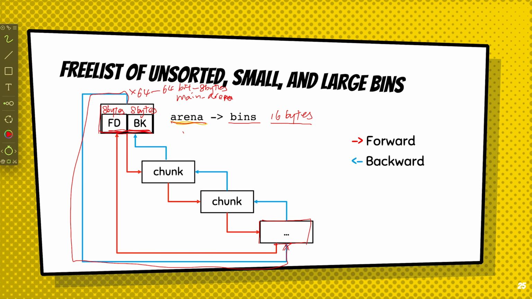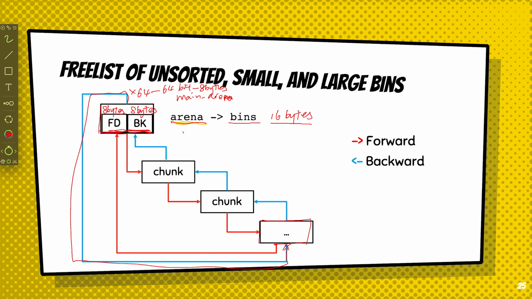Then from arena, we know there are bins in one arena, and bins are also of different types. There are tcache bins, fast bins, and unsorted bins, and then small and large bins. And they are in a hierarchical structure, and this really helps in improving the performance of freeing a chunk and mallocing a chunk, those memory management operations inside the heap.